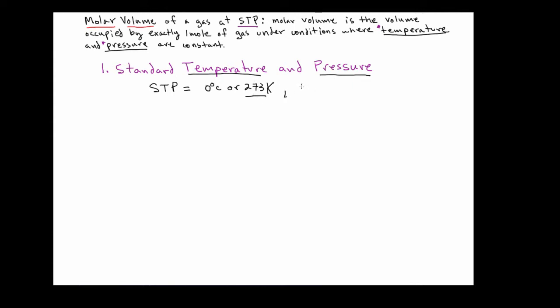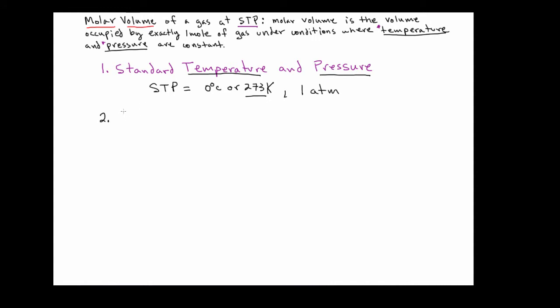And we're going to stipulate the standard pressure being at 1 atm, which in general is the standard air pressure at sea level. So stipulation number 1 is that we're going to define STP being at 273 Kelvin and 1 atmosphere pressure.